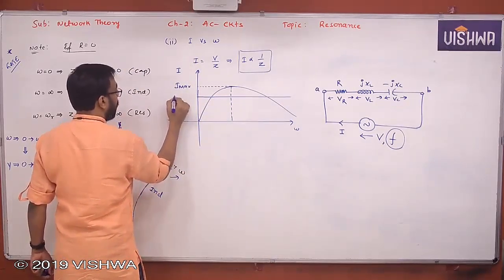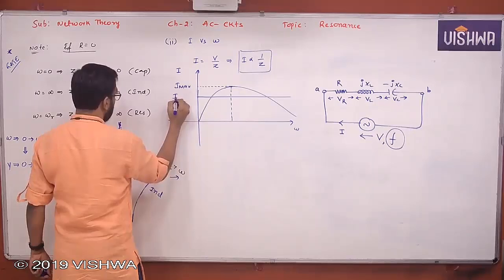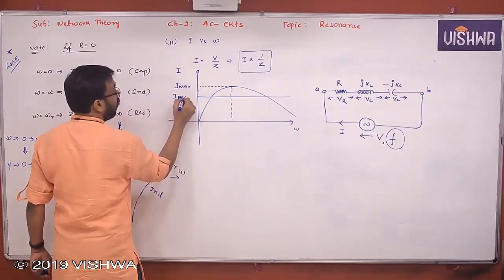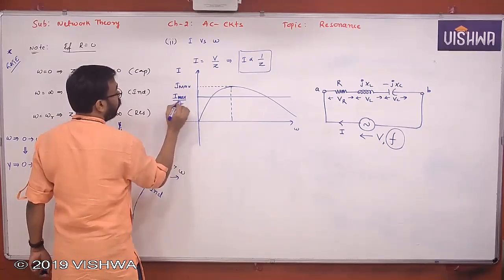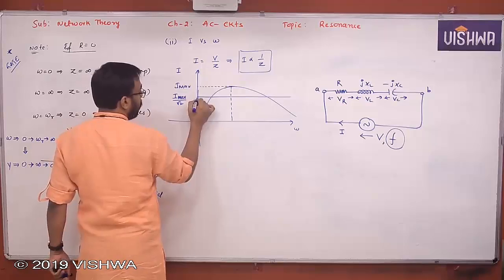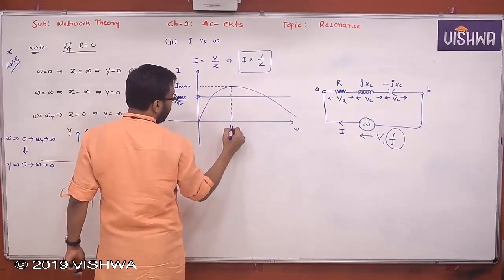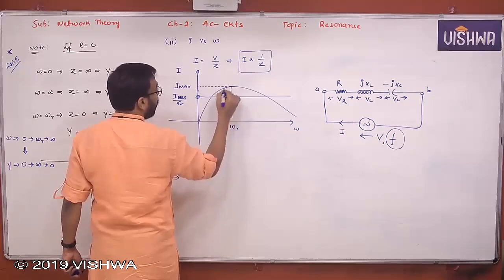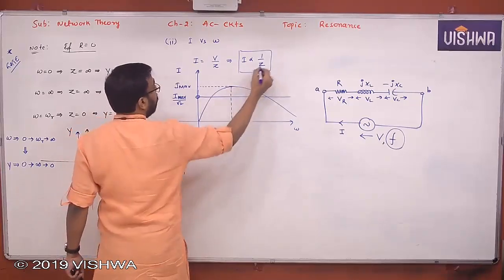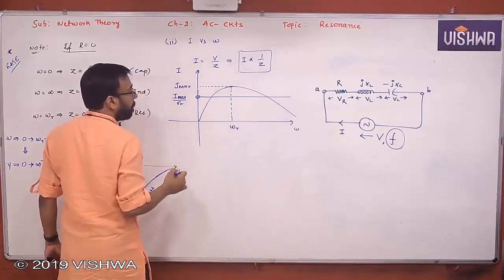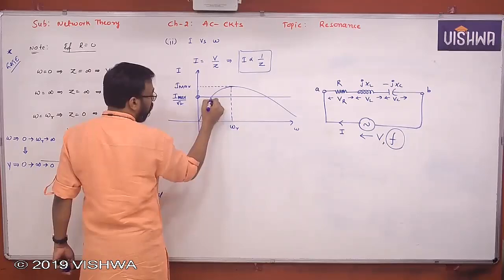This level is 0.707 times I max. You call it the 3 dB line, or I max by root 2, or 0.707 times I max. Both are the same, right? This is the frequency at which resonance occurs, where you find I max, Z min, but I max.